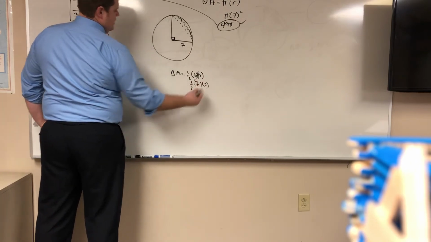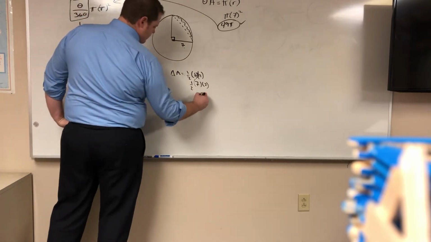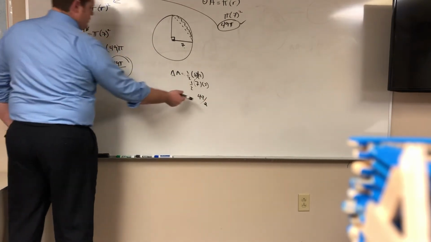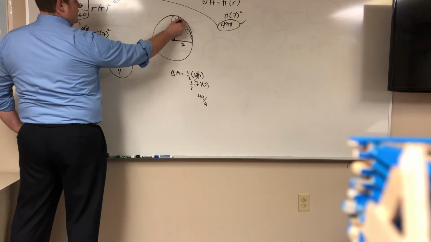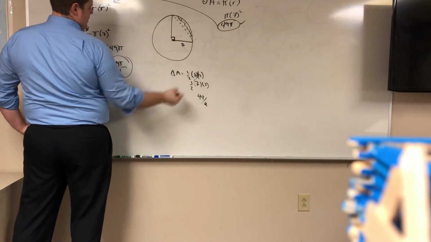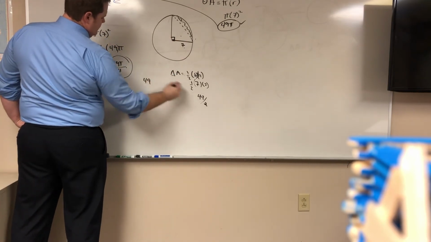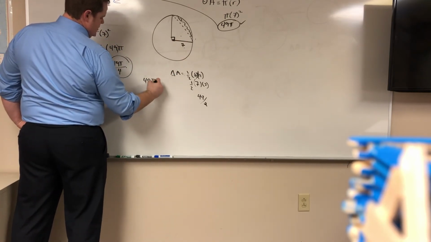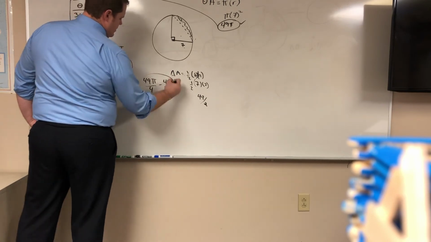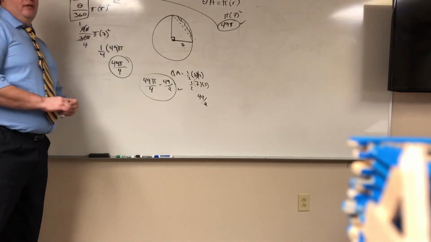So 1/2. 7 times 7 is 49 and that over 2. Okay? So in order to get this, I have to have the whole thing, which is this, and subtract the triangle. So my final answer is 49 pi over 4 minus 49 over 2. And leave it like that.